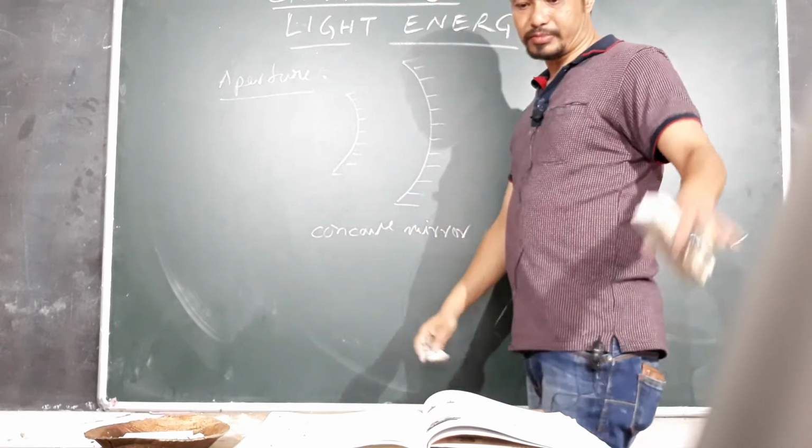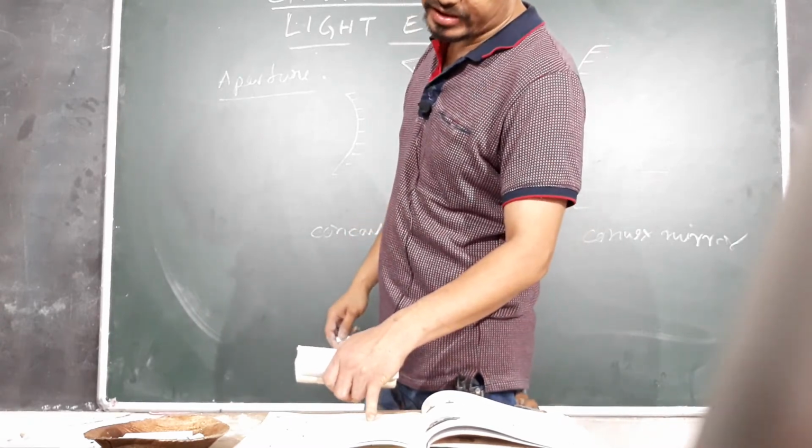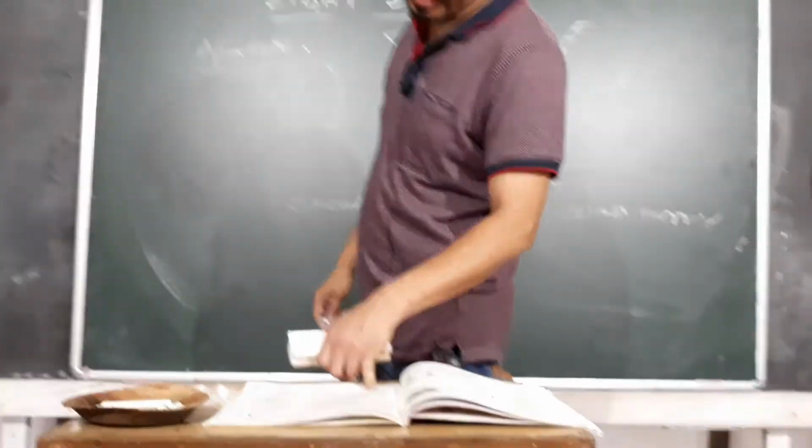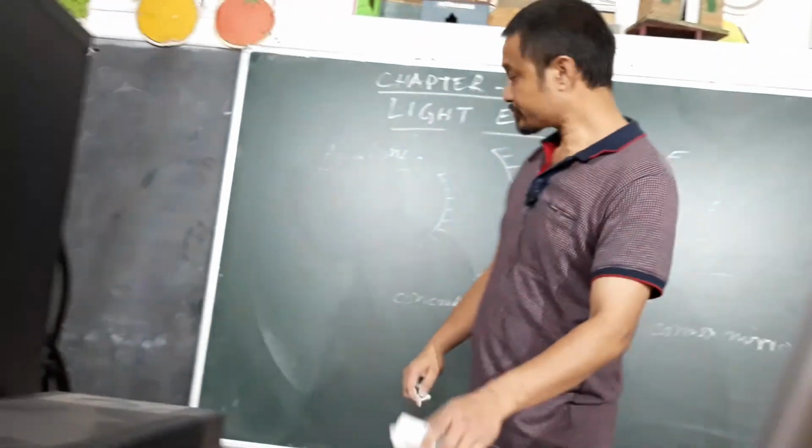Let's go back to the book again. What does it say? The area of the mirror from which reflection takes place is called aperture. It basically denotes the size of the mirror.